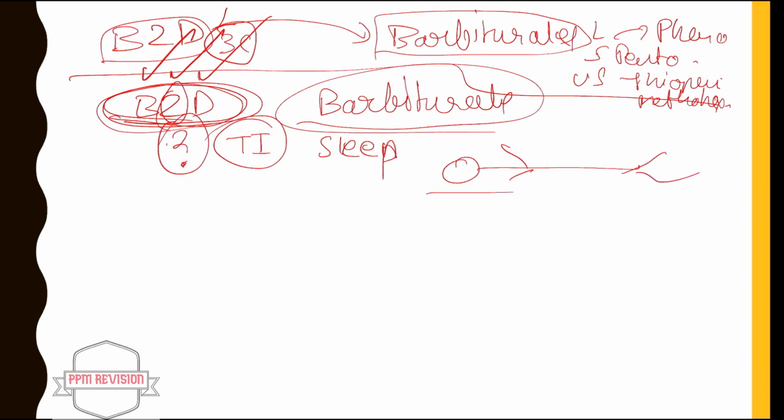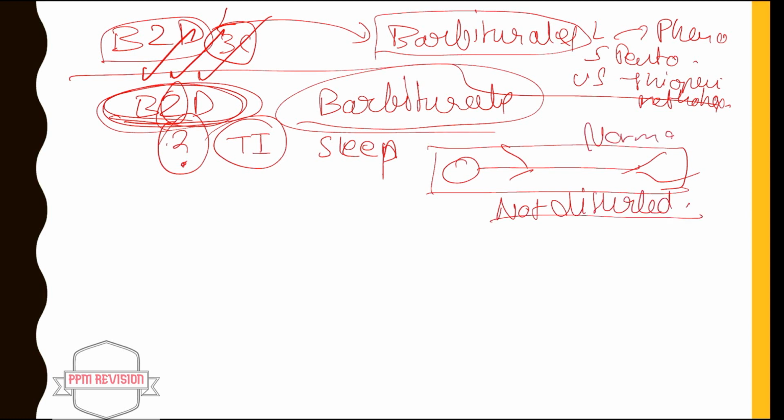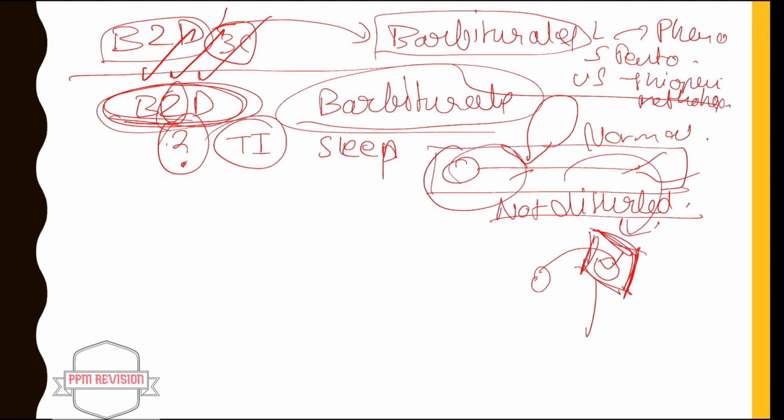Sleep is not disturbed mostly, so it's normal sleep, and there's less rebound phenomenon. Okay, this is a basketball, just to remember this rebound phenomenon. So you see a person sleeping and there's a basketball, so there's less rebound phenomenon.